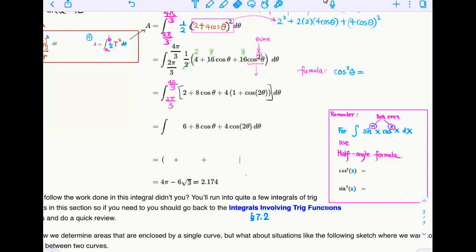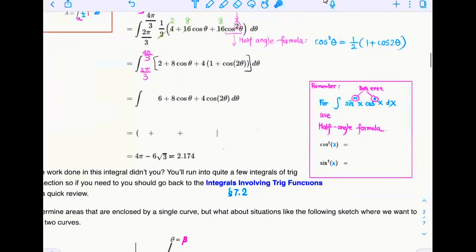Can someone tell me what cosine squared theta equals in the half angle formula? I guess some of you might have forgotten, so let me remind you. The half angle formula says that cosine squared theta is 1/2 of 1 plus cosine 2 theta. Let me put it on the side here.